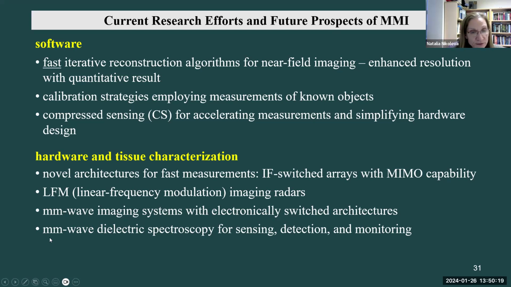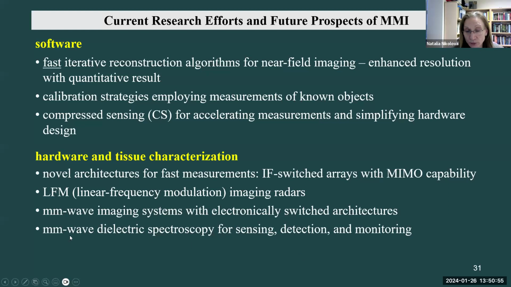A lot of effort is also now dedicated to millimeter wave dielectric spectroscopy, that is measuring or monitoring the complex permittivity of tissues in the millimeter wave range, because in this range, it has been already established that in many, many types of tissues, disease leads to significant changes in the permittivity of the tissues.